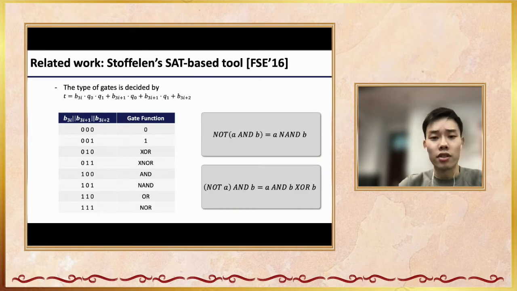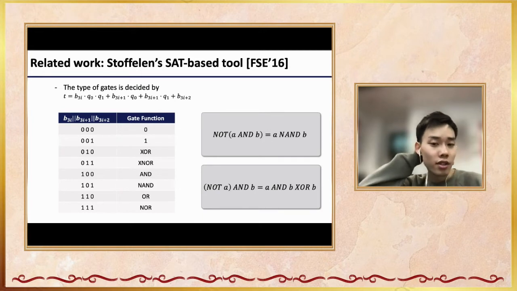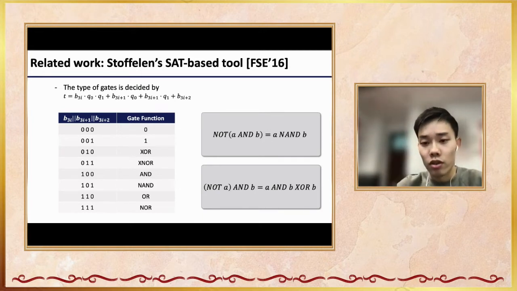This model is used to search for an implementation with the smallest number of gates. It does not need to encode the NOT gate because the NOT gate can be replaced by other larger gates. We can see from these two equations, the number of gates will not increase in both cases. However, when we consider the area cost, the NOT gate cannot be ignored.